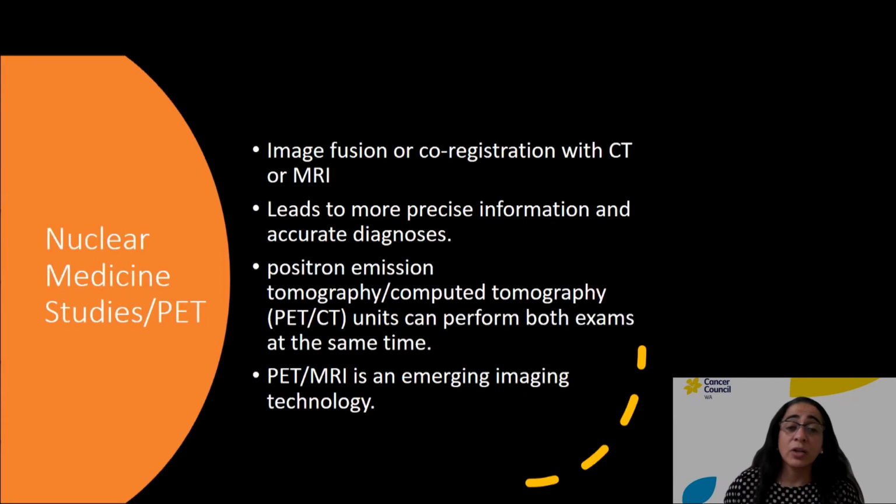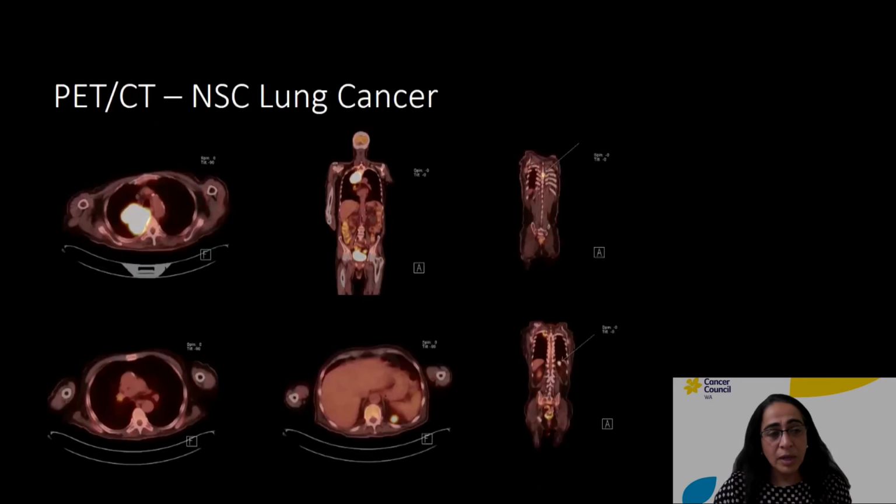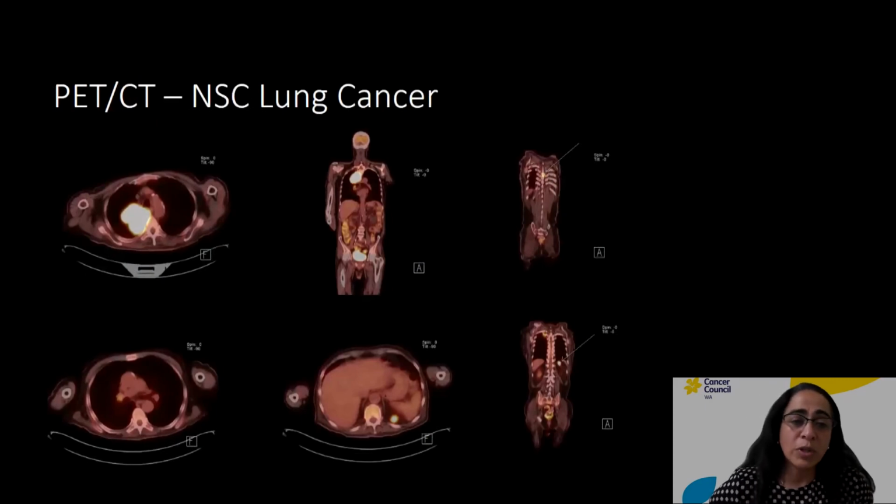These days, we can co-register PET imaging with CT or MRI, and this leads to more precise information and accurate diagnosis. Example of a non-small cell lung cancer and PET CT study. Remember, this is the same patient we looked at the chest X-ray and CT of earlier. Here you can see uptake of radiotracer in the main mass.